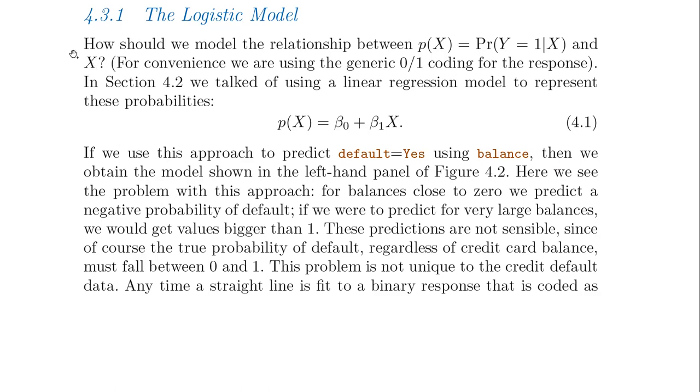For convenience, we are using the generic 0-1 coding for the response, and that one just referring to this one. In section 4.2, we spoke of using a linear regression model to represent these probabilities.